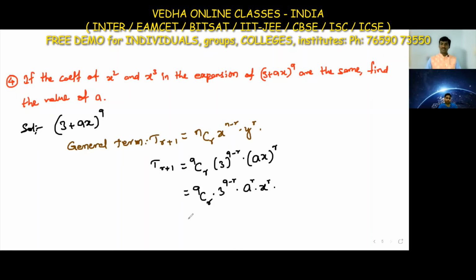Now, what I actually want is the coefficient of x square and the coefficient of x cube. I am taking this as equation number 1. To get the coefficient of x square, equate the power of x to 2 directly.